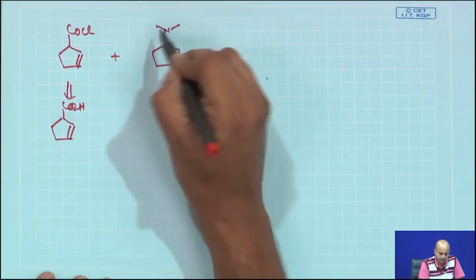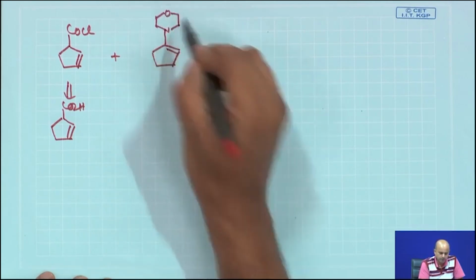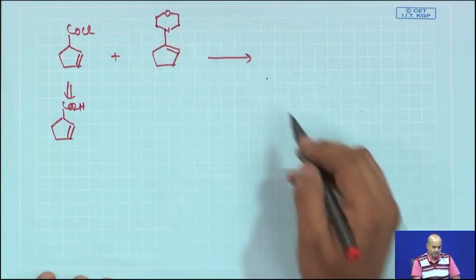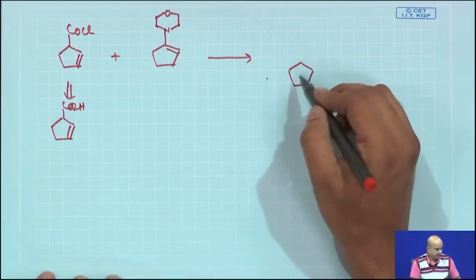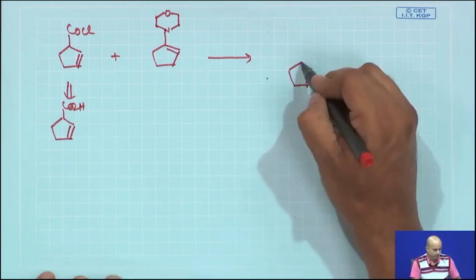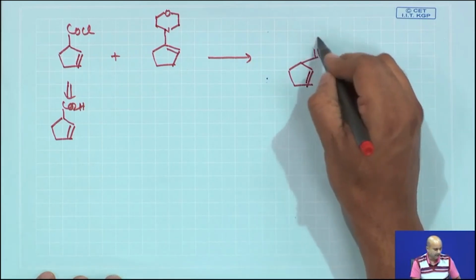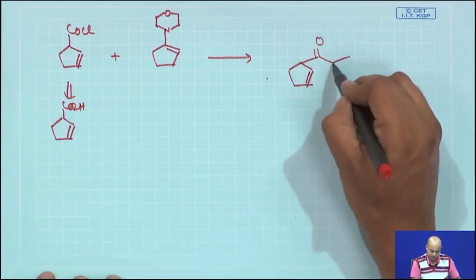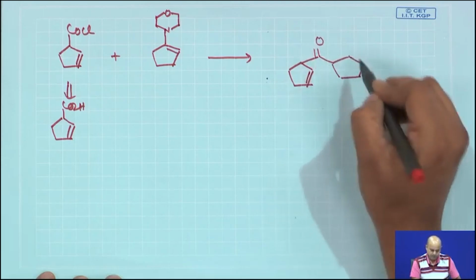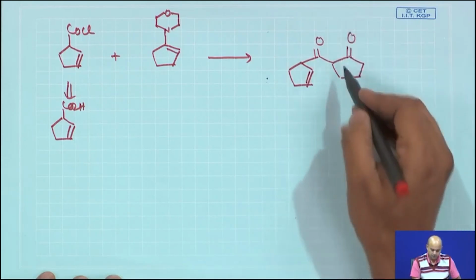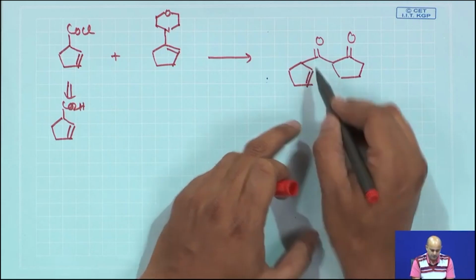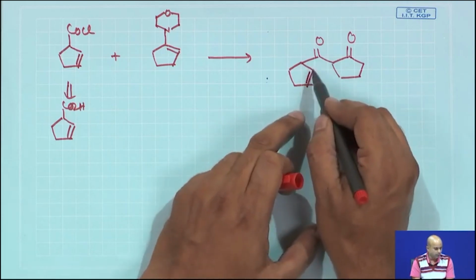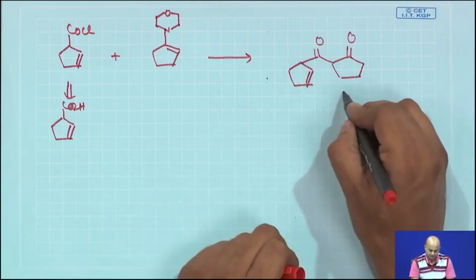Now, as I said, enamine alkylation will basically give you a diketone. So, this part is your cyclopentanone and this part is your enamine, the double bond which served as one of the 2π is here.